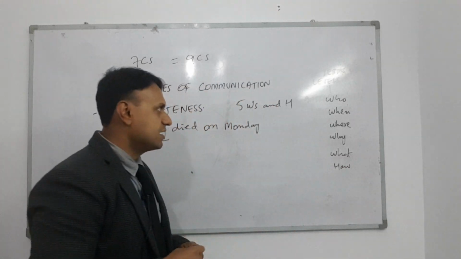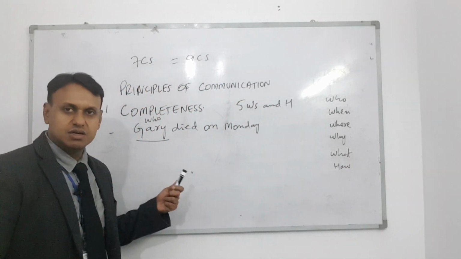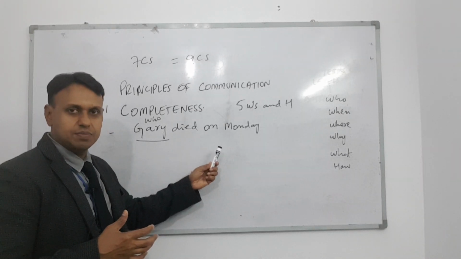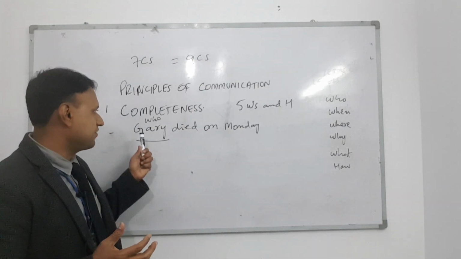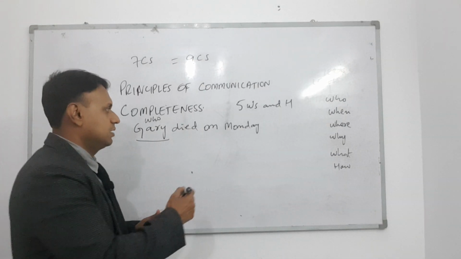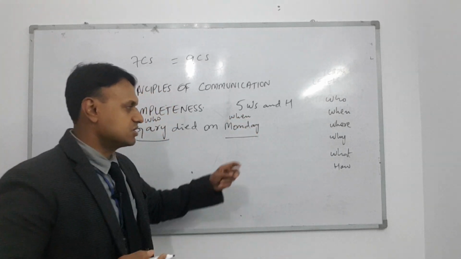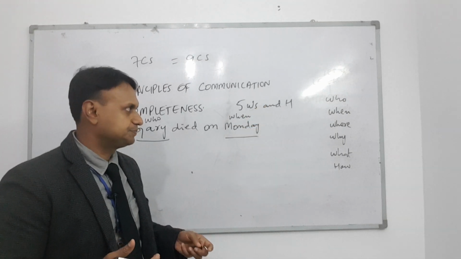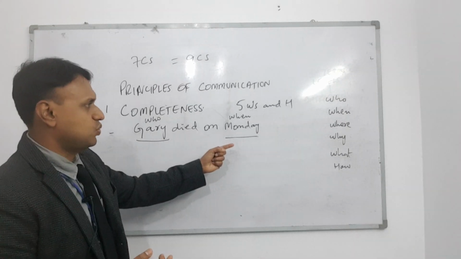So we want to apply these principles on the sentence to make it a complete sentence. Right now "Gary died on Monday" does not tell us the entire story. So we have covered Gary as who and Monday as when. But still the concept of where, why, and how is left.